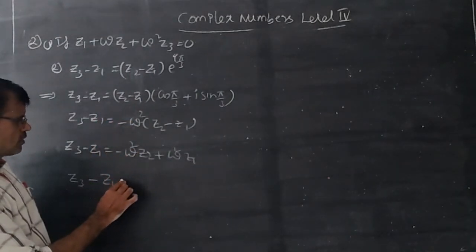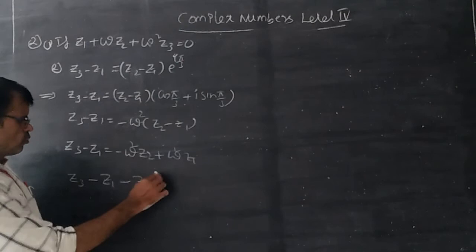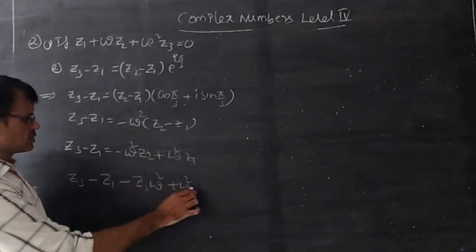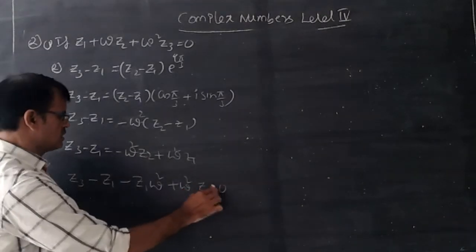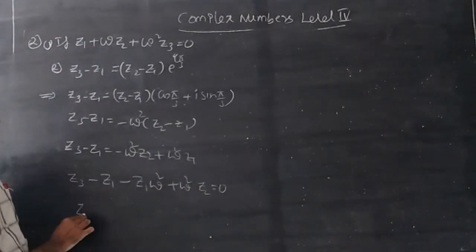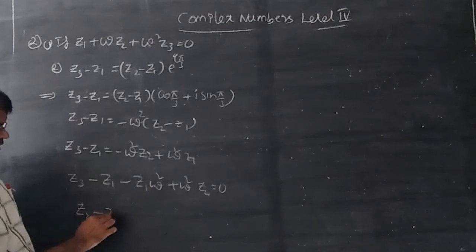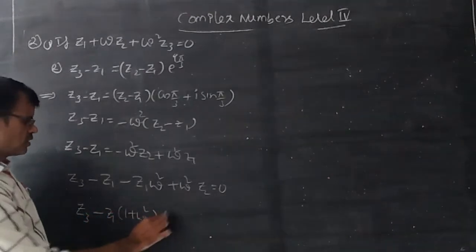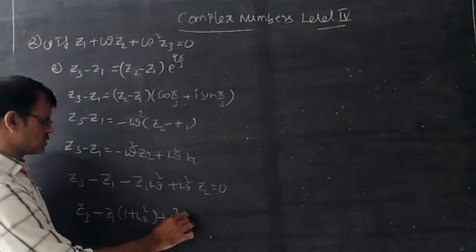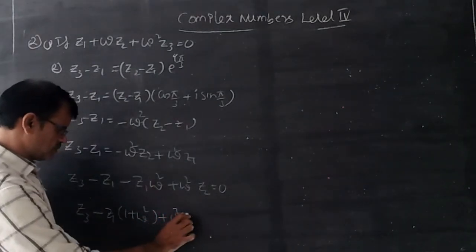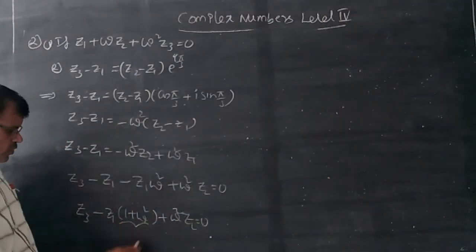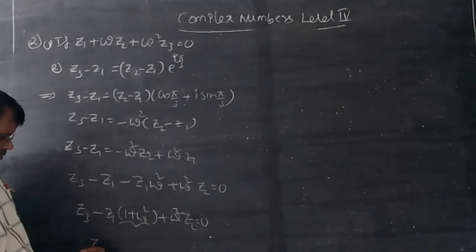z3 minus z1 minus z1 omega square plus omega square z2 equal to 0. So z3, z1 taken common. It becomes 1 plus omega square, plus omega square z2 equal to 0. 1 plus omega square becomes minus omega.